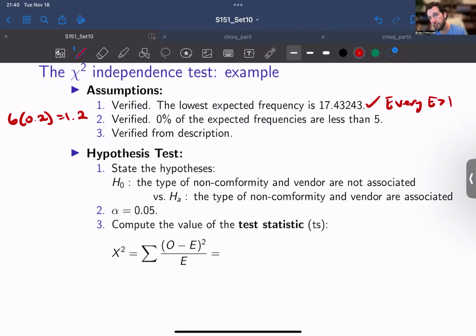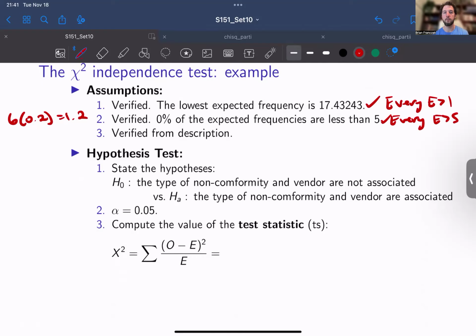But if we had 2 expected counts less than 5, that would not be okay. And in this data set, none of our values are less than 5 because the lowest is 17.43243. So here we can say that every expected value is greater than 5, which means that 0% of the expected values are less than 5, which means that this assumption is also met. And then the last assumption is just the SRS assumption, which is true from the description of the problem.